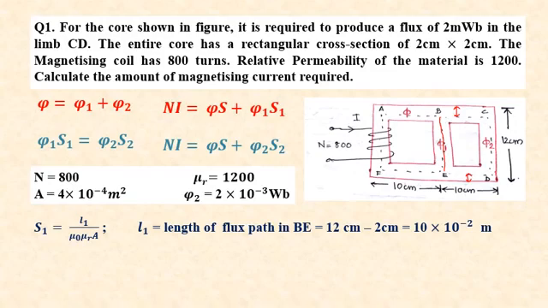What will those distances be? It is given that the cross section is 2 centimeter by 2 centimeter, so the width of the small section is 2 centimeter. The flux path is through the middle of this width, which means the small distance will be 1 centimeter.